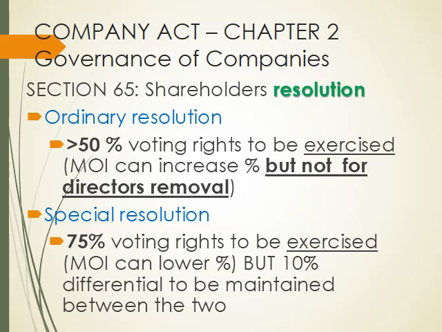Then for special resolution, where the Act requires certain decisions, for example, the financial assistance, to be conducted by a special resolution, special resolution then means that 75% of the voting rights need to be exercised in favor of this decision. But the MOI, the company's memorandum of incorporation, can specify a lower percentage, but at any given time there needs to be at least a 10% differential between an ordinary and a special resolution.